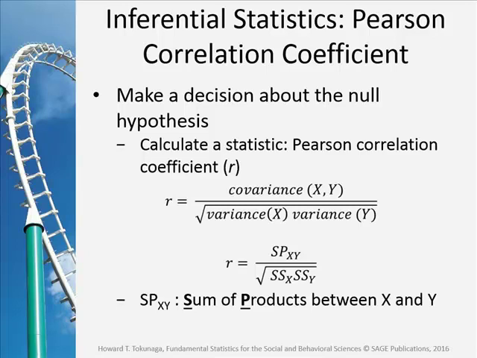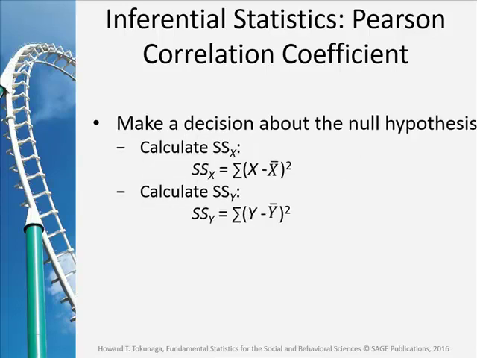Don't copy any of this down. I do want to walk you through a little bit of the math. You could do this by hand. It's not that hard. All we're doing is taking a measure of the variation. So we know how to measure variation. We look at the difference between the observation and the mean, and then we square it because of this negative sign, and then we add them all together.